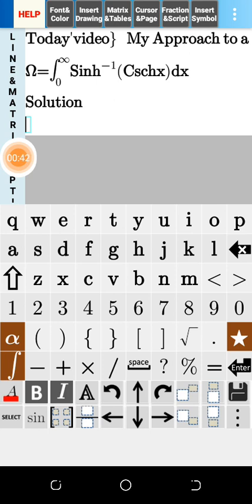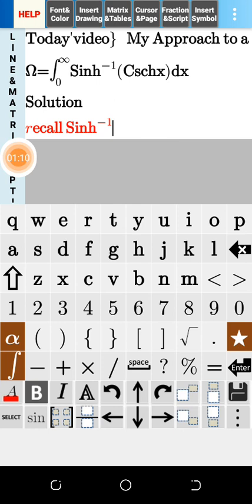Solution. Now let's recall this. Recall that sinh x... this is not sinh, it is arcsinh x. Recall that arcsinh x is equal to log of x plus root of 1 plus x squared.